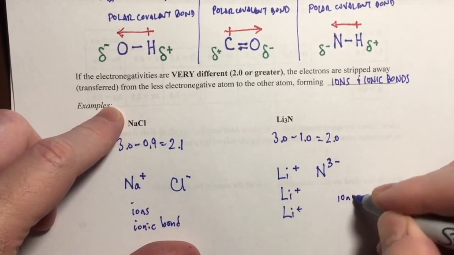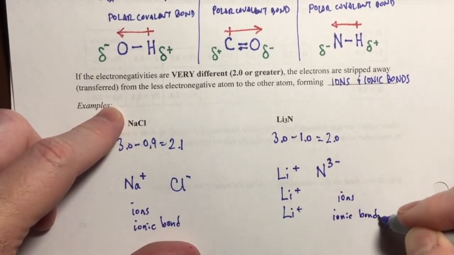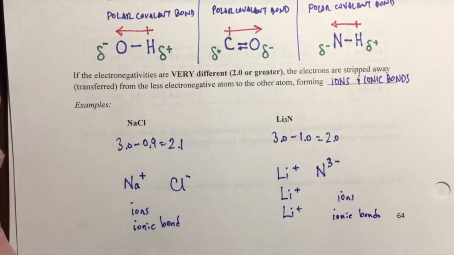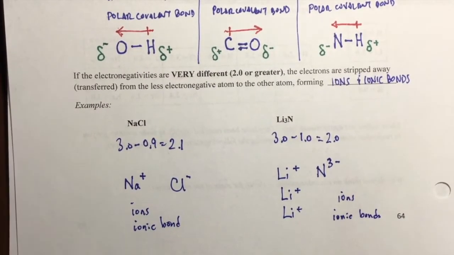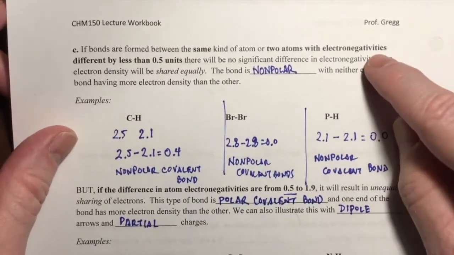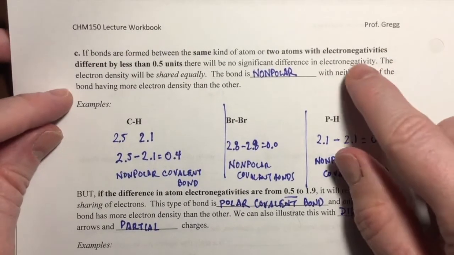So I get ions, and I get the ionic bonds. And we know in both of these cases, when you have ions with ionic bonds, we have ionic compounds. So just to review, we look at the electronegativity differences, not the electronegativity values themselves, but the differences.